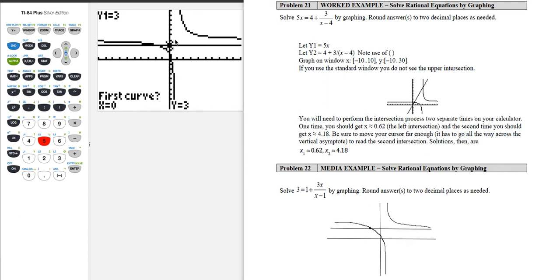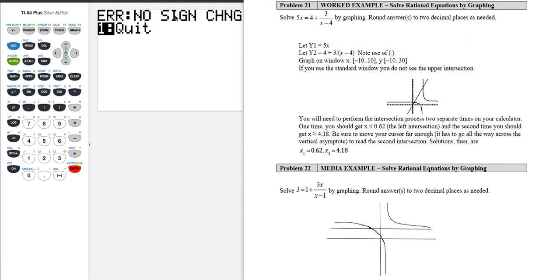If my cursor had been on the other side of that, either on this graph or on this graph, let me show you what would have happened. So if my cursor had started over here and I had gone through the intersection process, see how it says no sign change? It gives us an error.